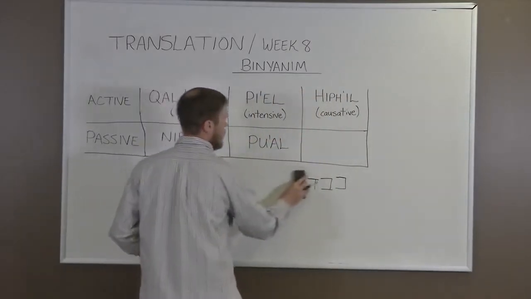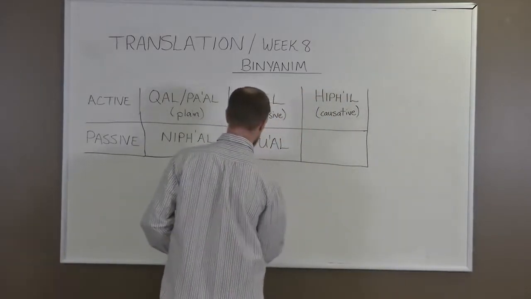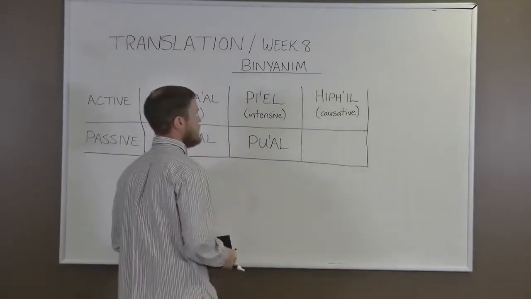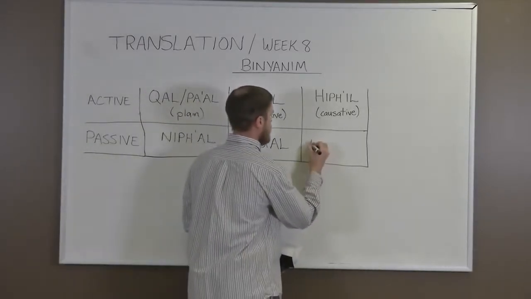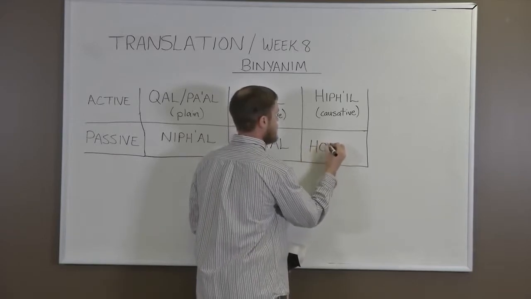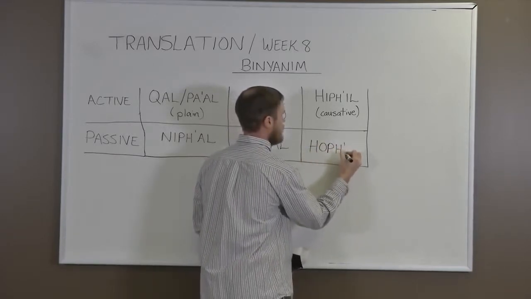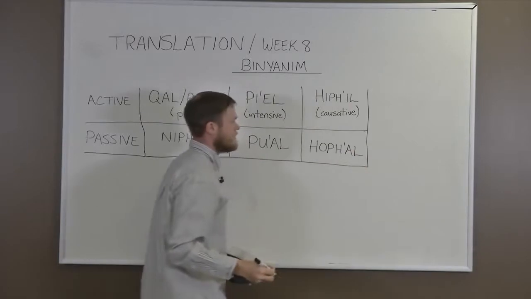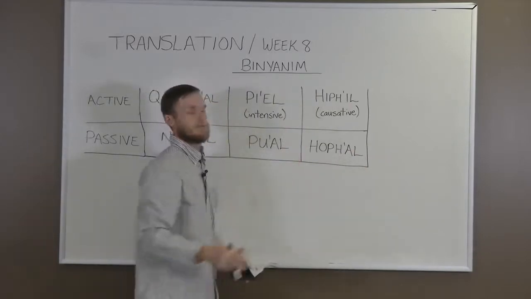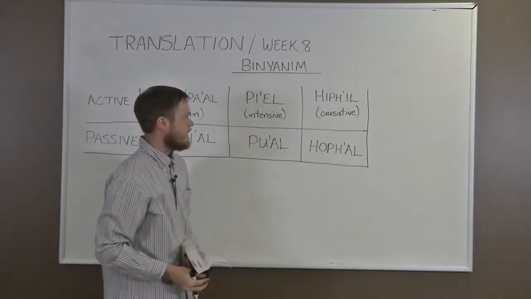So we have one more binyan that is conjugated in the passive voice, and that is the hofal. And as you might imagine, the hofal adds the same sense to the verb that the hifil does, namely the causative sense.